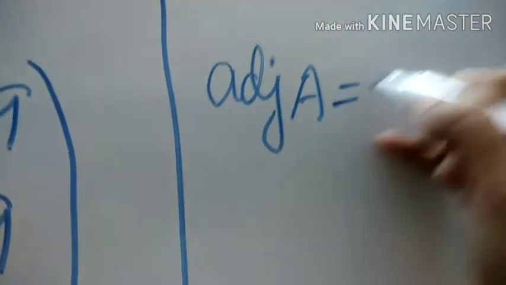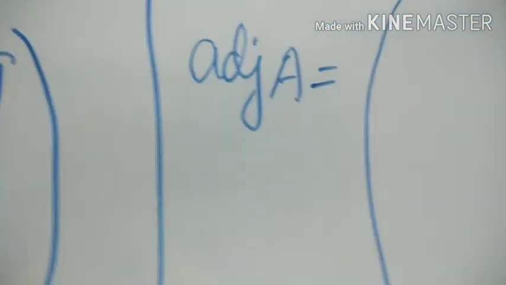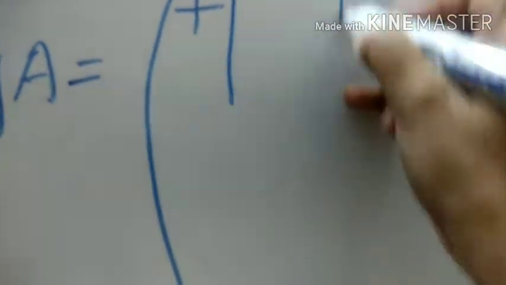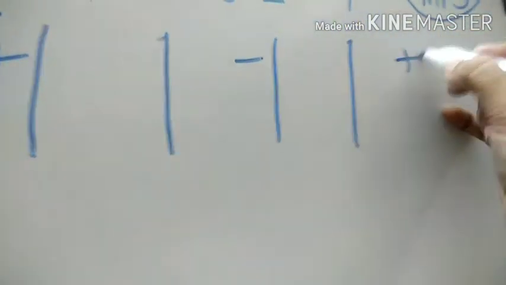For writing the A inverse, my first step is I want to find out adjoint of A. It's a 3 by 3 matrix. How do we write the adjoint? Remember, whenever we are in 3 by 3, we put the symbols this way. Plus, second term minus, third term plus.